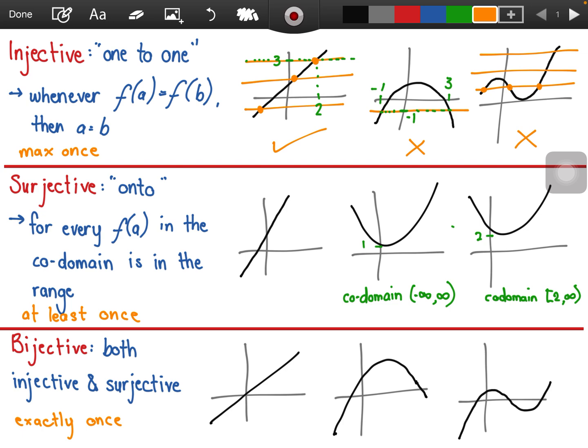So that's what we're talking about when we're talking about injective. Our horizontal line can only pass through the function a maximum of one time. If it crosses through it more, that means that y value could have come about by having more than one x value or x input.